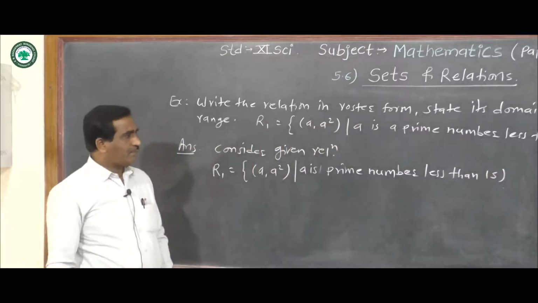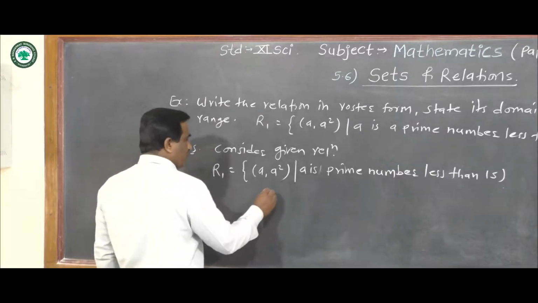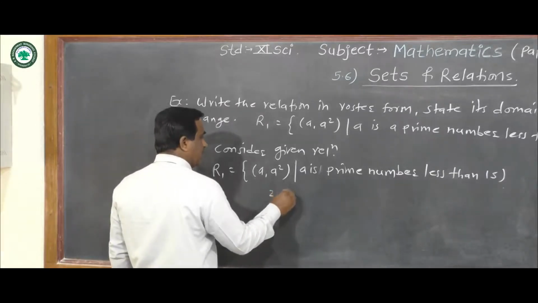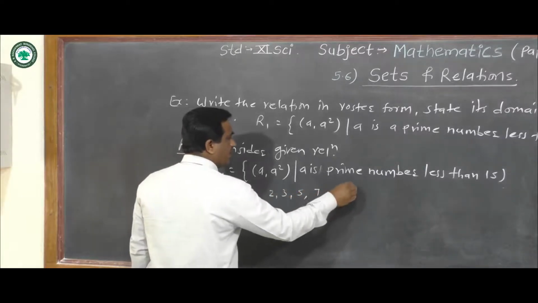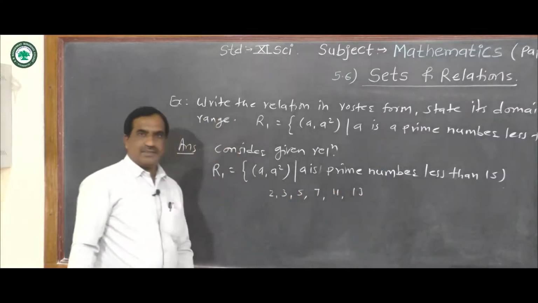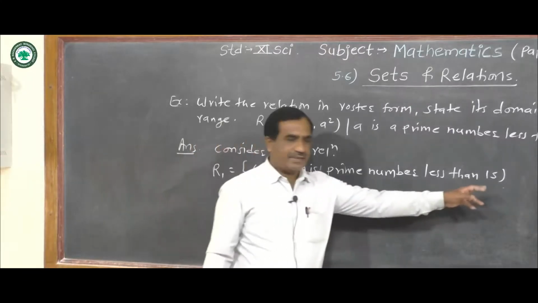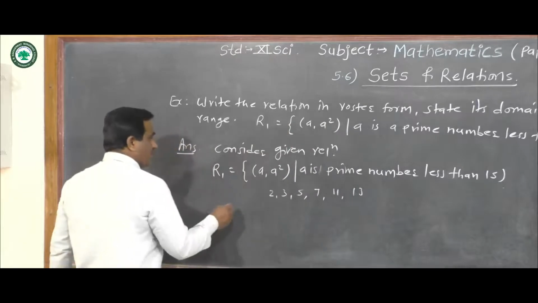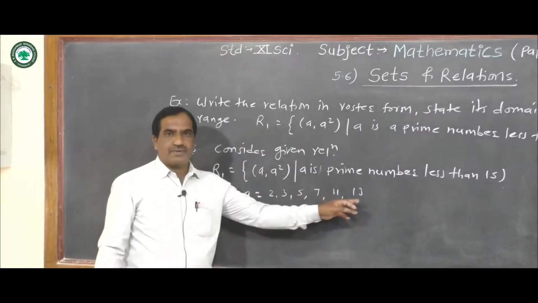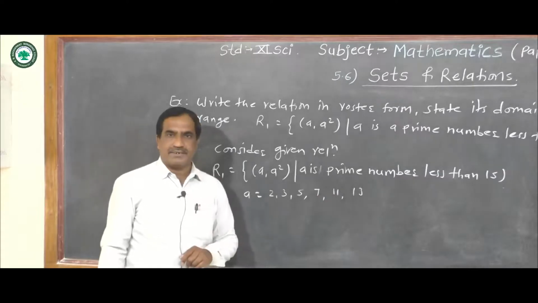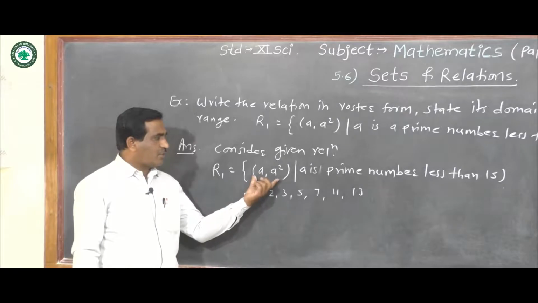Now we know that the prime numbers which are less than 15 are 2, 3, 5, 7, 11 and 13. These are the values of A. A is equal to 2, 3, 5, 7, 11 and 13. And then we can find A square, that is, we get ordered pairs here.